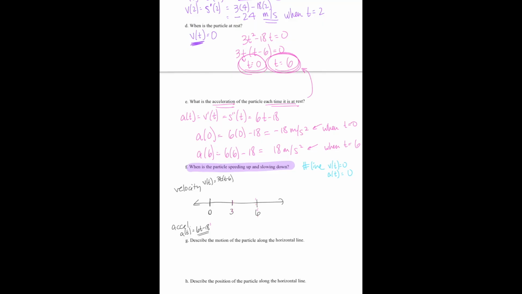Okay, so now what I want to do is compare what is happening to velocity and acceleration in each of those time intervals. I'm going to add some dotted lines. So I want to know what's happening between 0 to 3, from 3 to 6, and from 6 on.